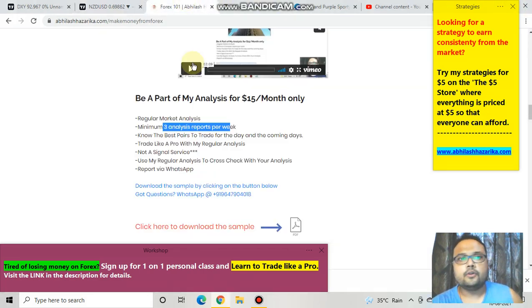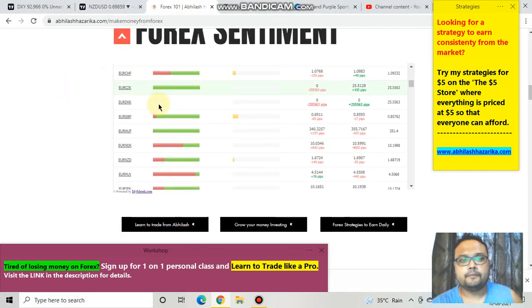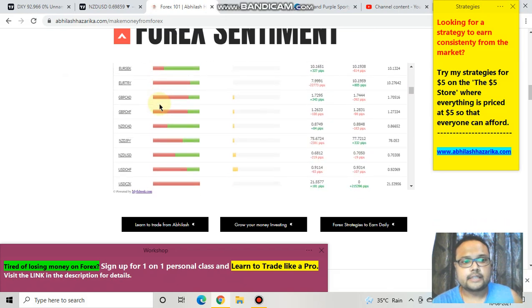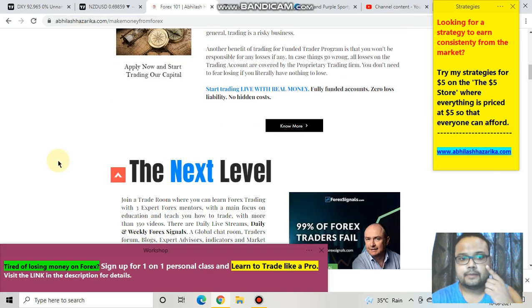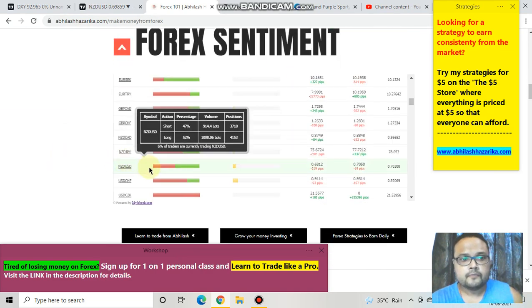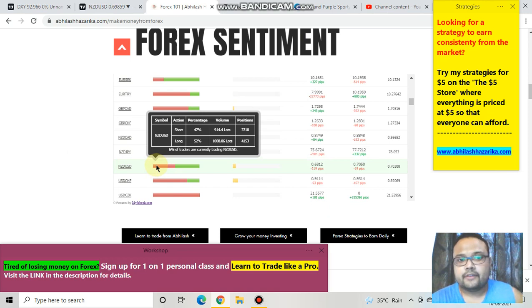And if we go to the forex sentiment meter here, you will find the forex sentiment meter on my website avilashhazarika.com under forex 101 section. In the forex sentiment meter, you can see that 47% retail traders have taken short position and 52% retail traders have taken long position. So retail traders are also confused. They are in dilemma.